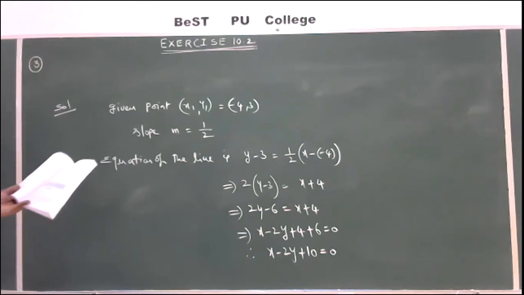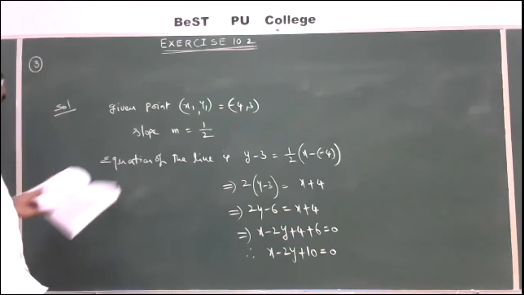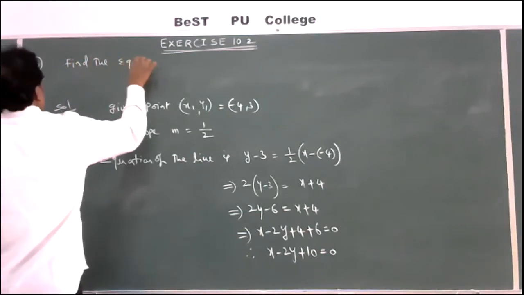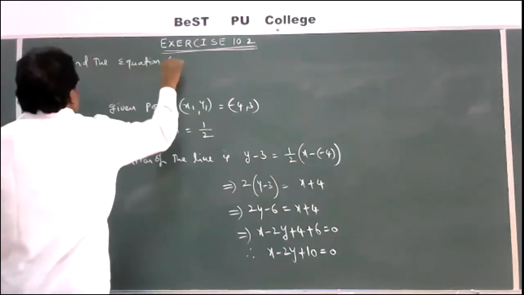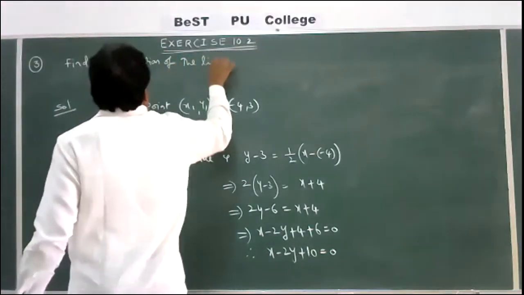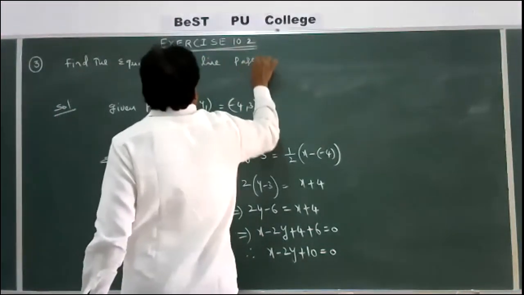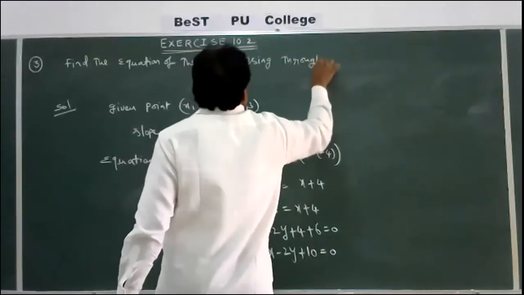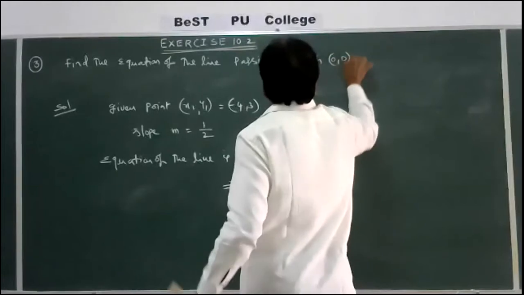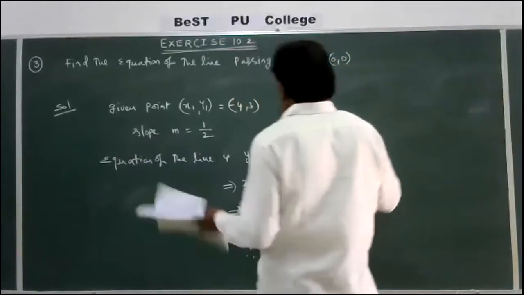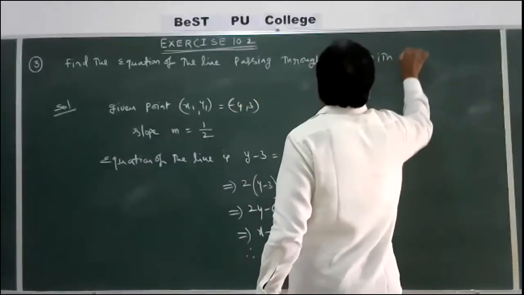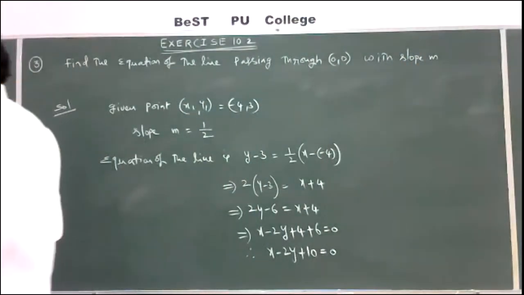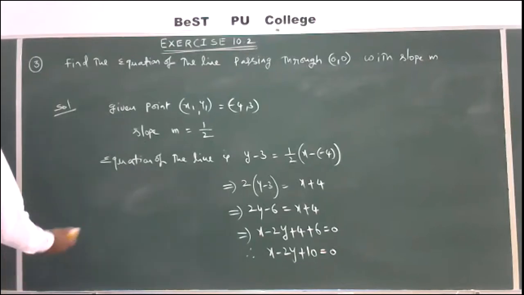Third problem. Find the equation of the line passing through 0 comma 0 with the slope m.